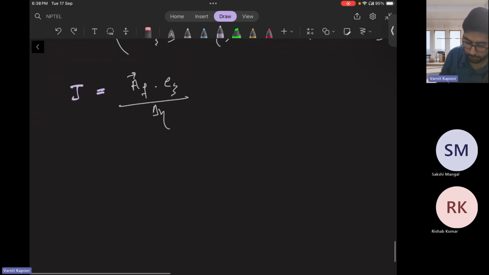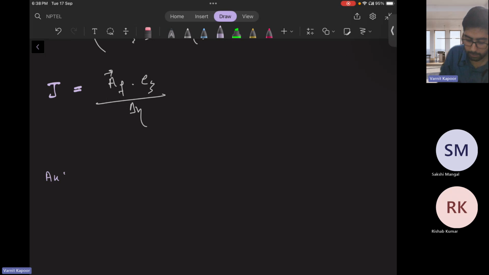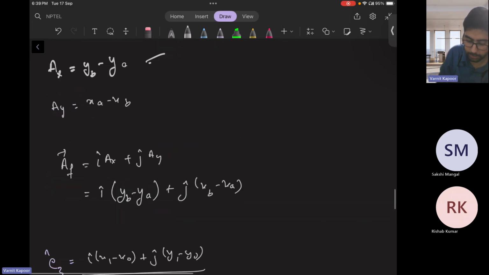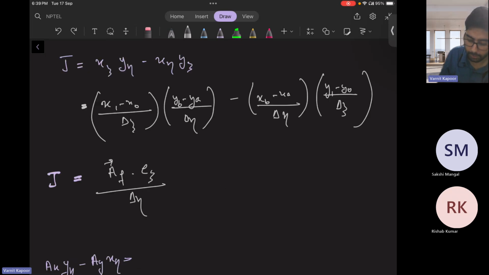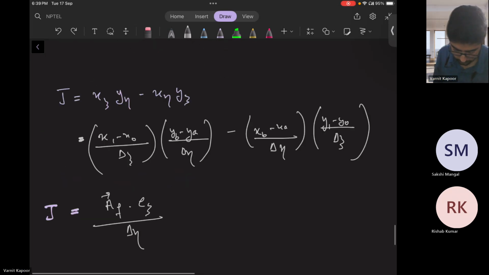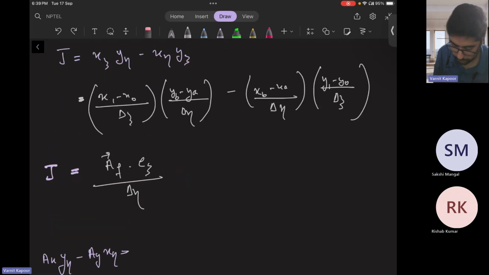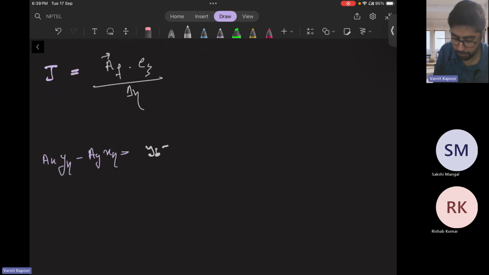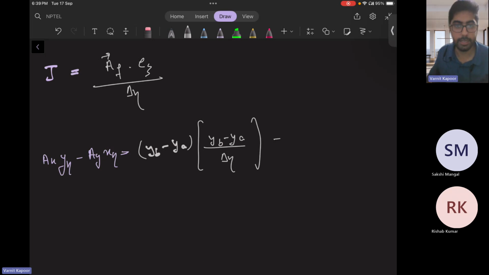We had one term, ax y eta minus ay x eta, equal to what? We have already calculated ax. This is your ax, (yb minus ya) over del eta, and y eta you have also calculated above. So that is (yb minus ya) into (yb minus ya) over del eta, minus, what is ay?